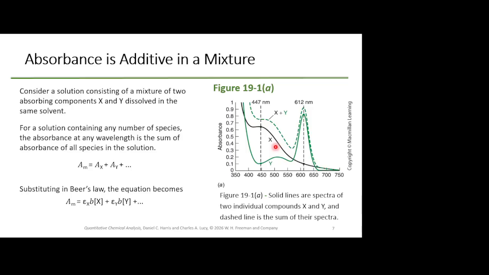Because keep in mind, you do have two things that are changing as you change your wavelengths or your frequencies, right? What are those two things, by the way? It's what I had said just a little while ago. So the two things changing as you go along here are epsilon, your absorptivity, and the other thing is you don't necessarily know your concentration.